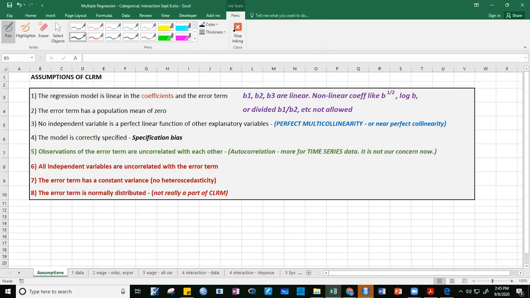Ayaw pa rin. Sorry guys ha. Wait. All right. So when we say collinear, you have variable x1. It doesn't work.